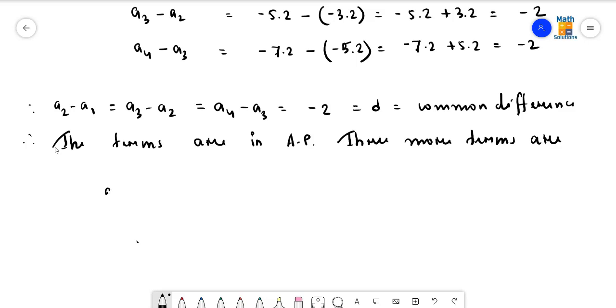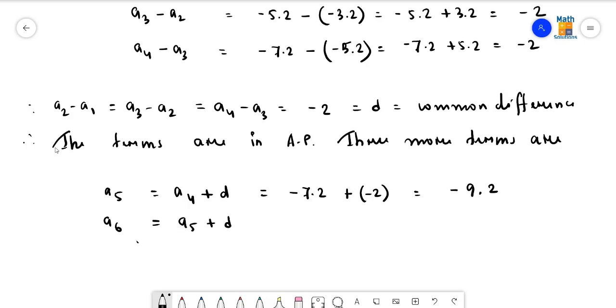It is A5, of course A4 plus D, that means minus 7.2 plus minus 2, I shall be getting minus 9.2. Similarly, A6 is equal to A5 plus D, means minus 9.2 plus minus 2 will be getting added, of course, minus 11.2.